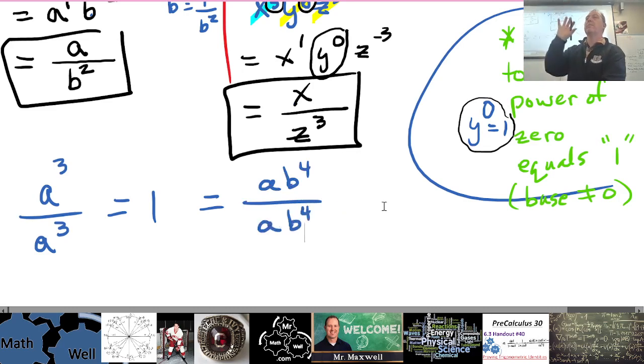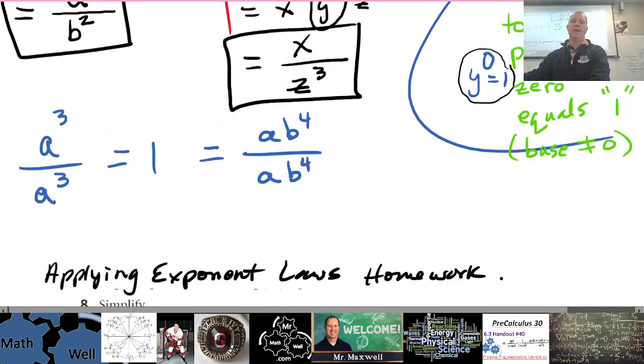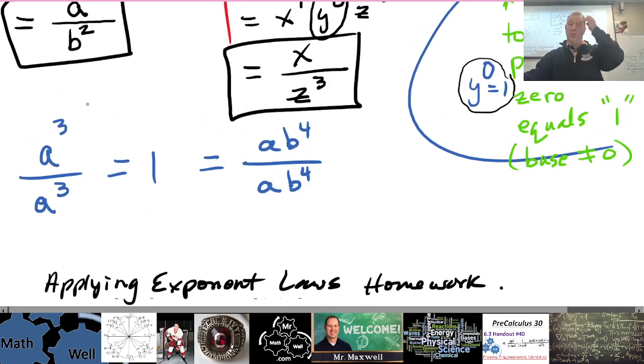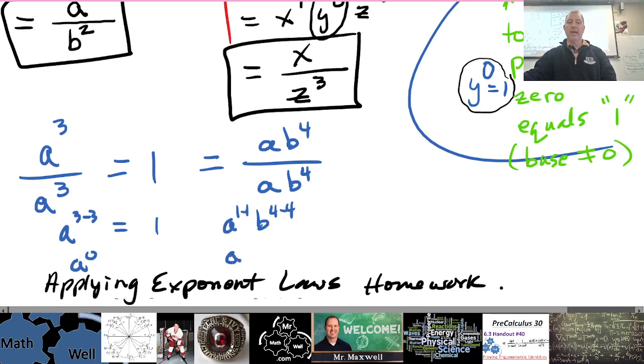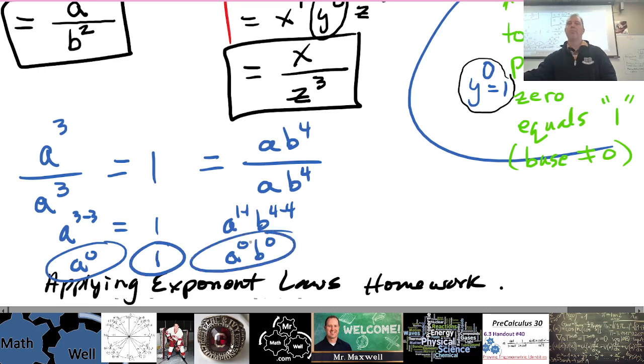Any quantity divided by itself equals 1. And of course, if we use our exponent laws here, this is a to the 3 minus 3. So that has to equal 1. This is a to the 1 minus 1 times b to the 4 minus 4. So this is a to the 0, and this is b to the 0. So guess what? That has to equal 1. We know that from before. So any base to the power of 0 equals 1.